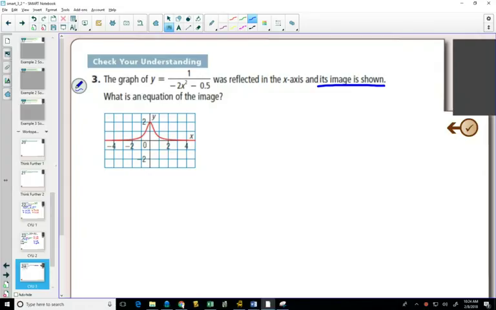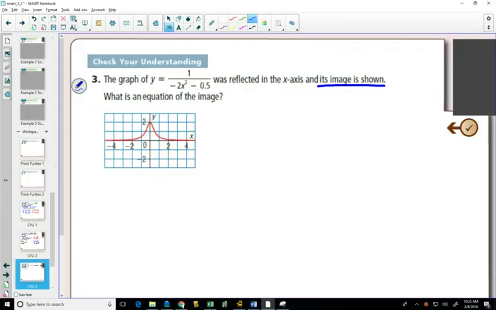And this is a place where I find that thinking of function notation can often help us figure out our actual equation. But we'll first try to do this with just the actual equation. If I'm reflecting in the x-axis, that would be a vertical reflection.